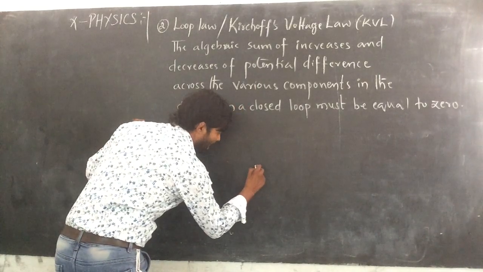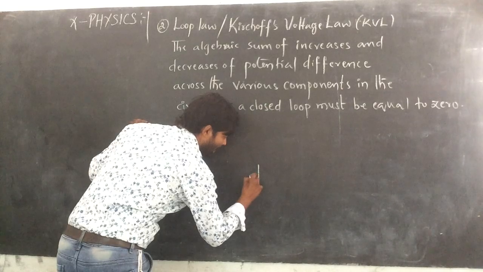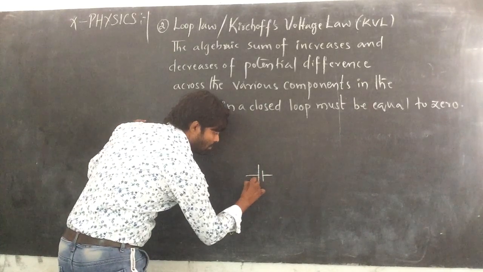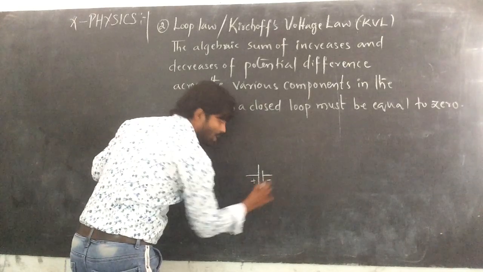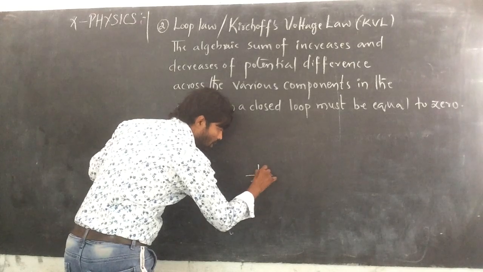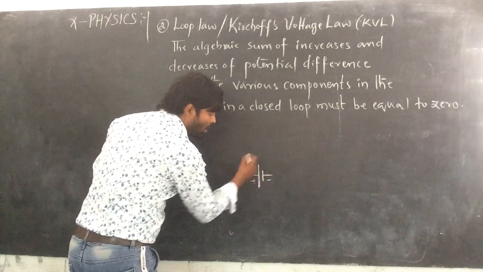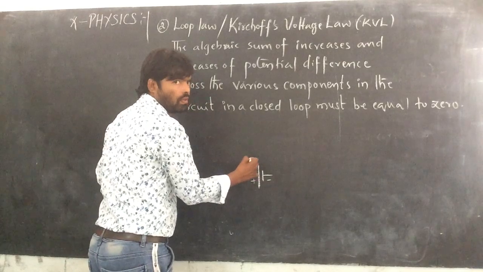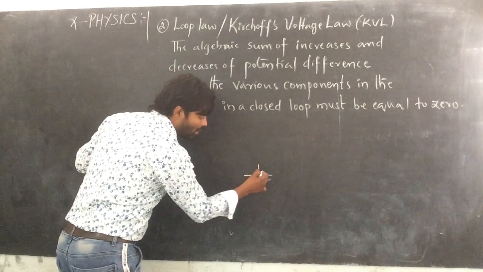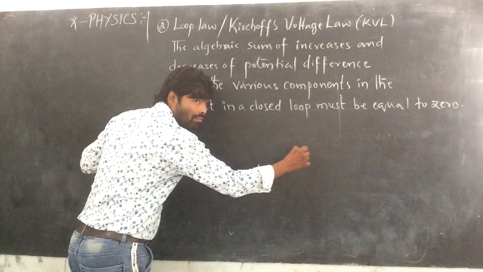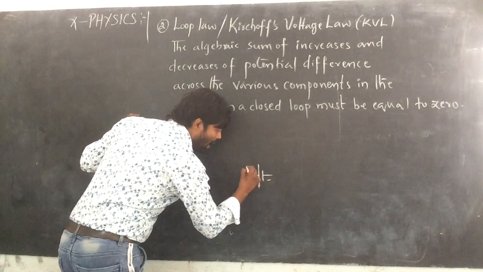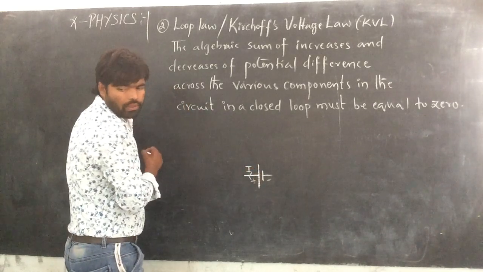Let us take a source, that is a battery. This is positive and this is negative. The bigger line is always positive and the smaller line is negative, and this is the symbol of a battery or source of energy. Now what is the direction of the current? Left side. Current always flows from the higher potential to the lower potential.